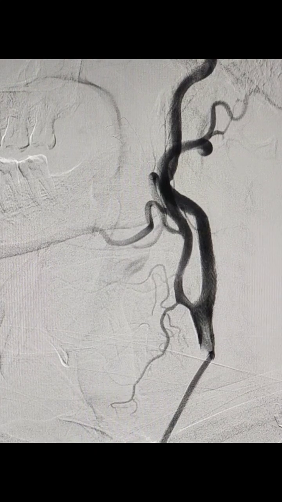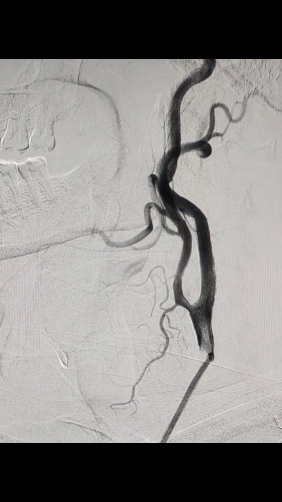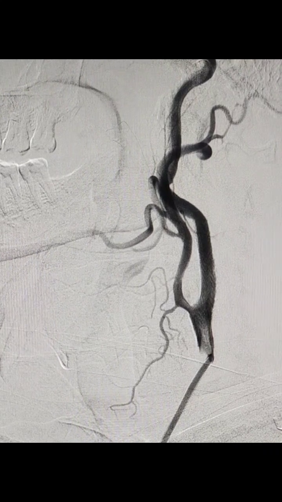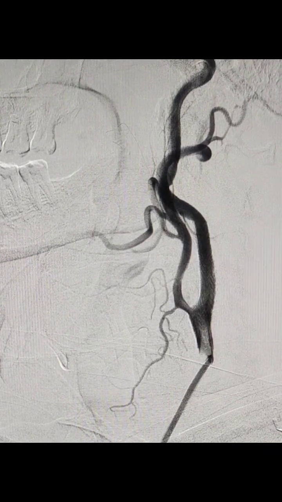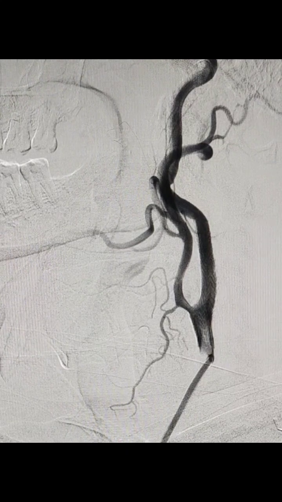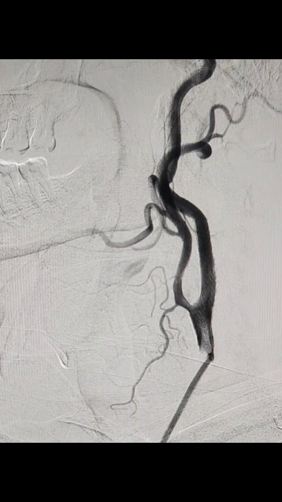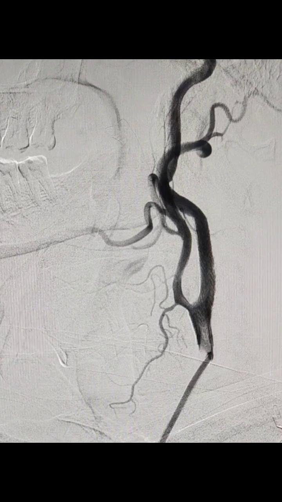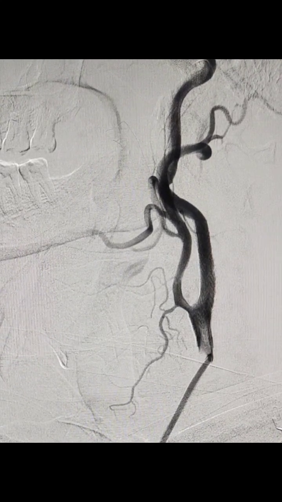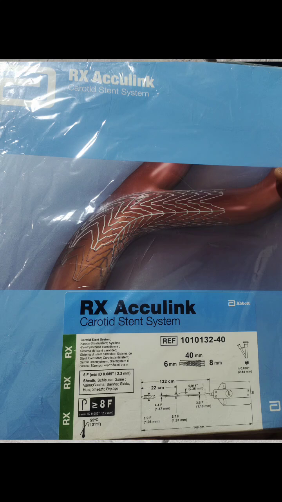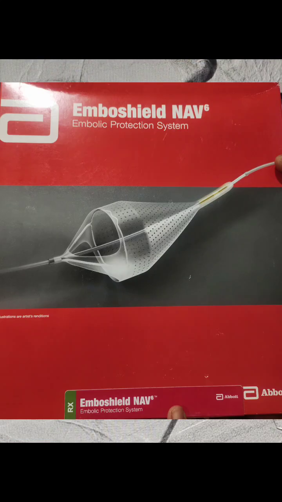We have given around 10,000 heparin during the procedure, and the patient was stable. Mild hypotension was there. It went down to 70 systolic, but then it came up with the noradrenaline. The patient is stable after this. We are going to put the patient on heparin and the dual antiplatelet for at least 6 months. The dual antiplatelet course will be there, and then we'll put the patient on the single antiplatelet just like coronary angioplasty.